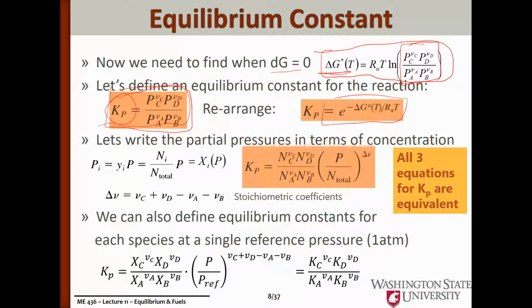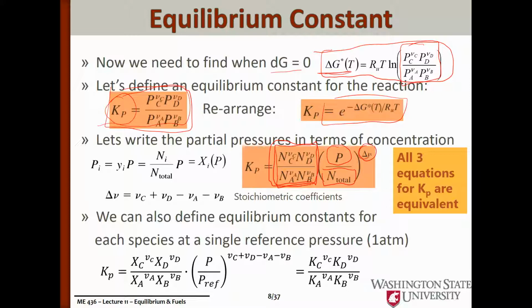And then finally I can take this partial pressure equation and pull out the pressure so that now it's a ratio of the molar concentrations. So these are the mole fraction ratios multiplied by the total pressure of the gas and the number of moles total here.